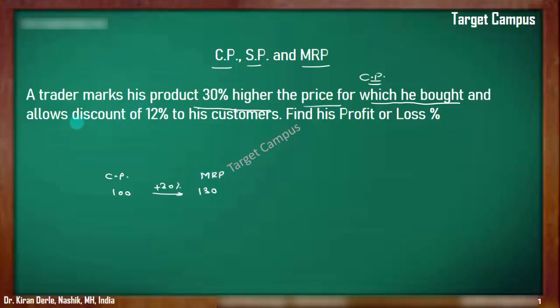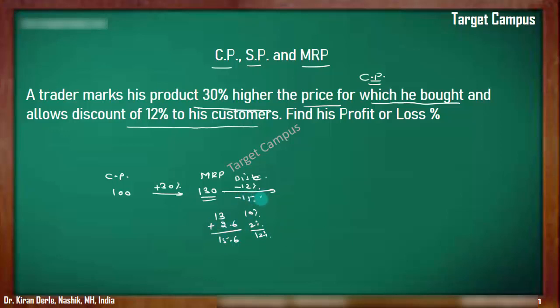Then he allows a discount of 12% to his customer. The discount would be offered on MRP, and that is 12% of this MRP. What is 12% of this? 10% of 130 is 13, and 2% would be 2.6, so 12% becomes 15.6.